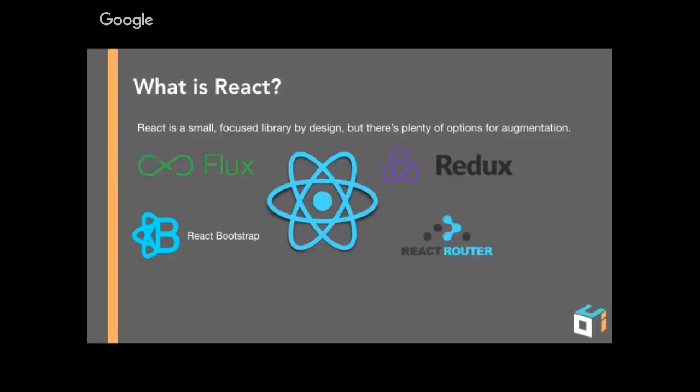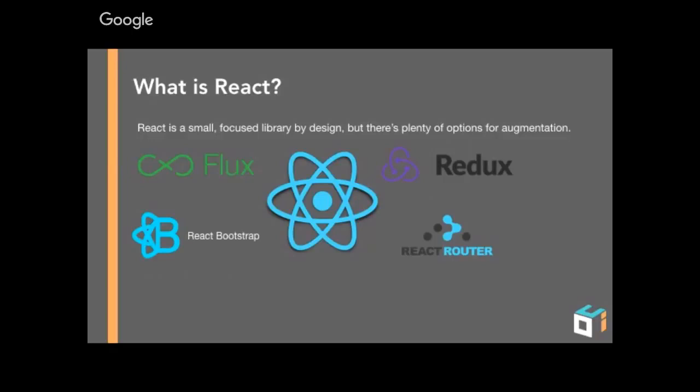React Router. So if you're not familiar with single page applications, one challenge is that it's a single page. And you might have many pages or panes or whatever you want to call them in your application. And often you find it'd be nice to be able to give URL-based routes to these portions of your application.